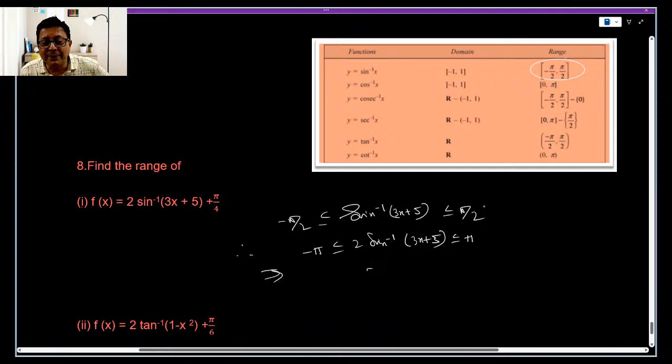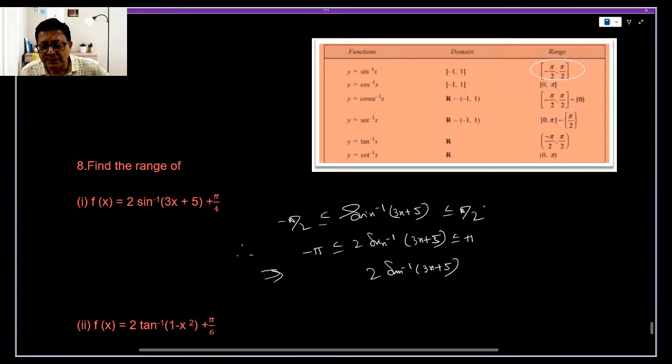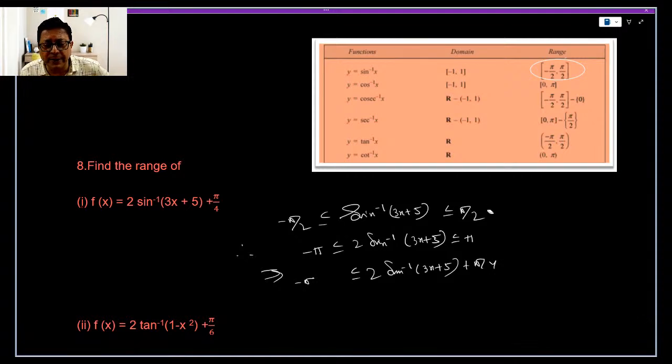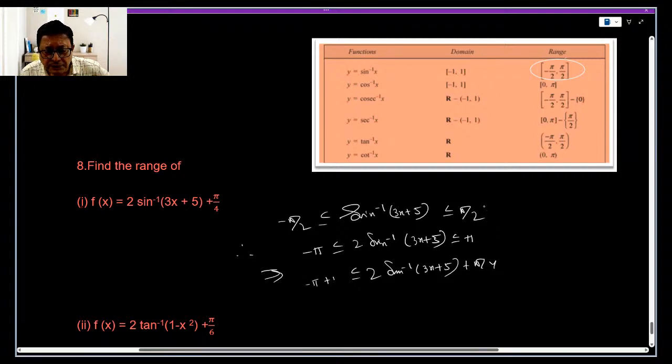Now you add pi by 4 on two sides. Sin inverse 3x plus 5 plus pi by 4 is greater than or equal to minus pi plus pi by 4, and less than or equal to pi plus pi by 4.